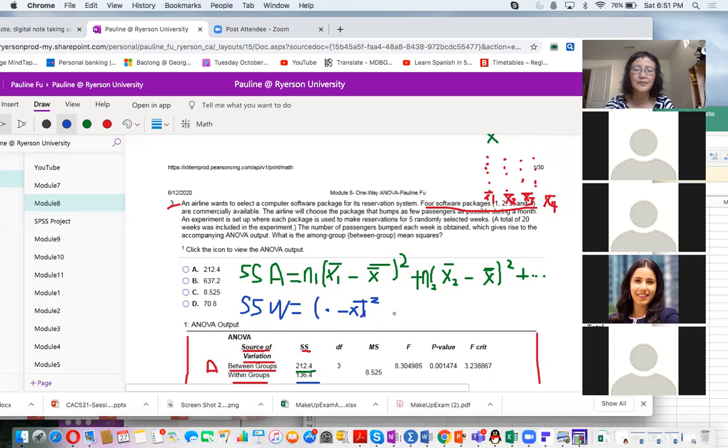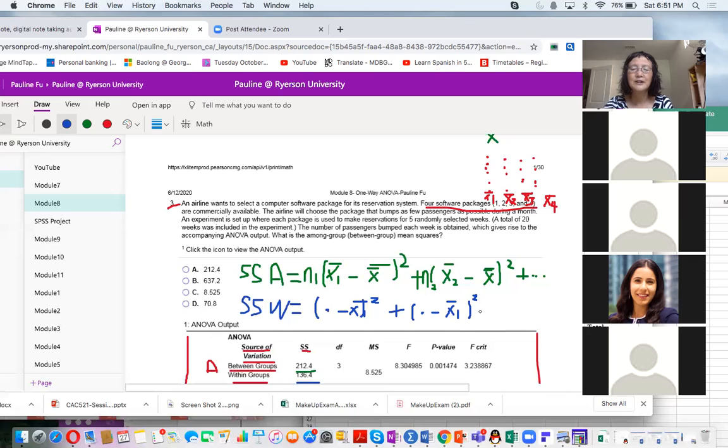Okay, and then add the second number in group 1. The second number in group 1 minus group 1 average, square it.